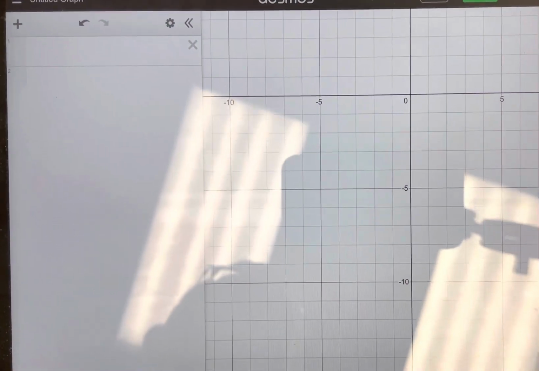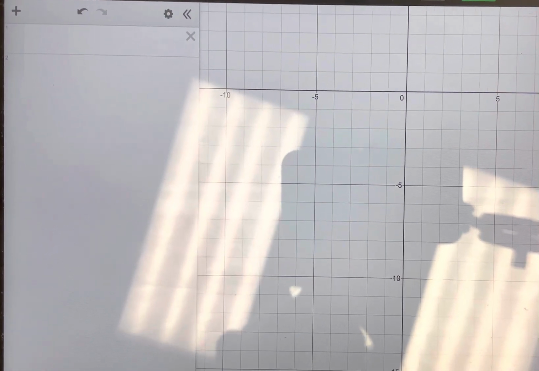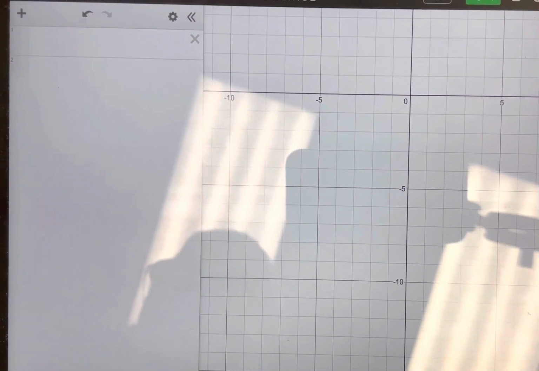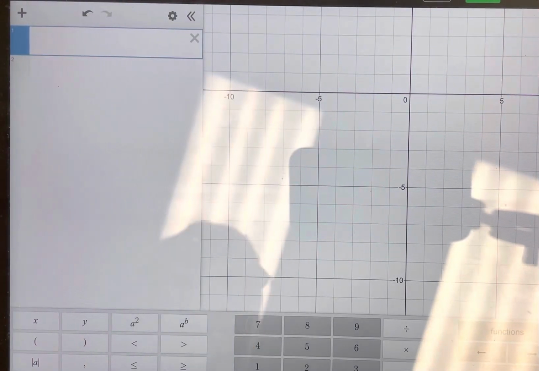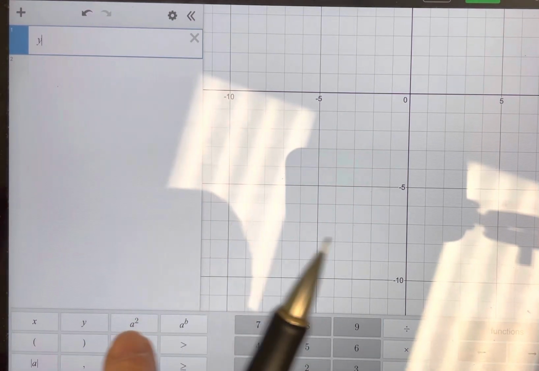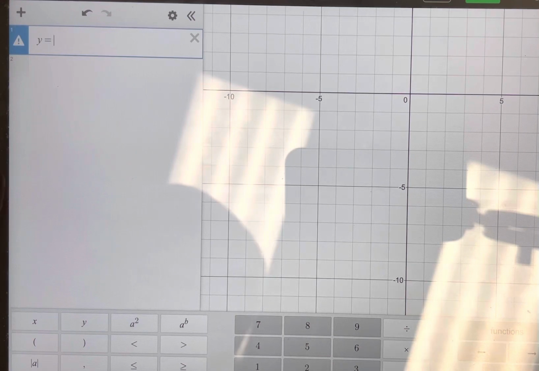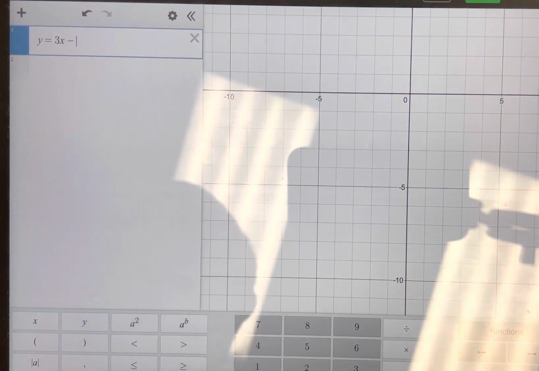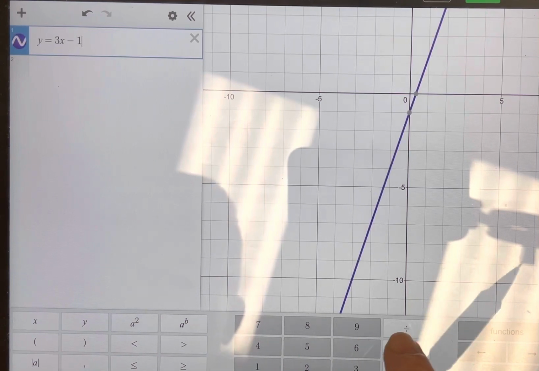So here I am in Desmos. Hope my screen's not too bad for you with that glare. Can't help my overhead lights. My equation on the left, as a reminder, is y is equal to 3x minus 1/3.